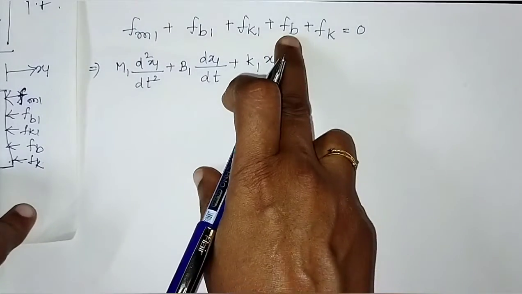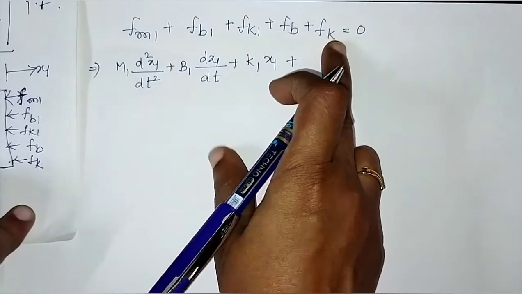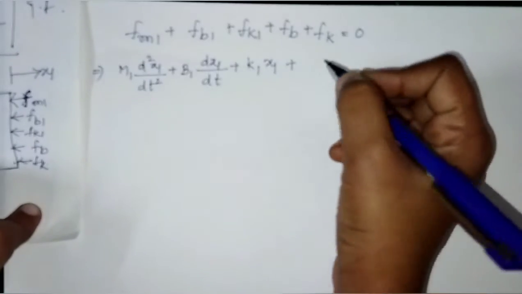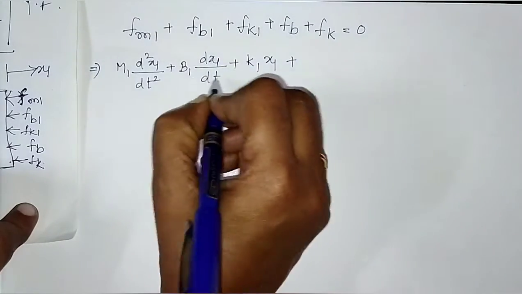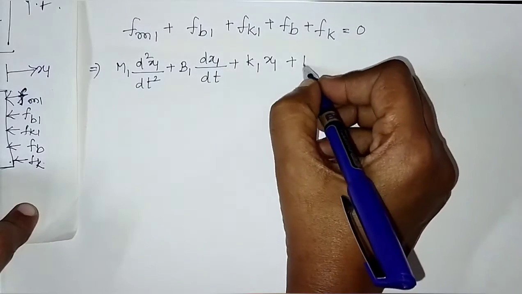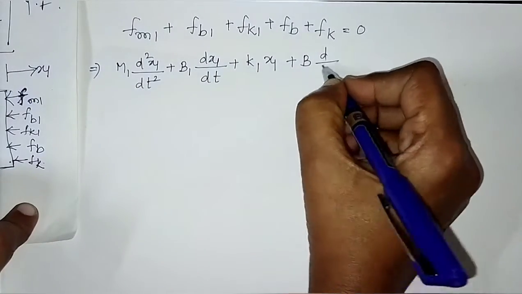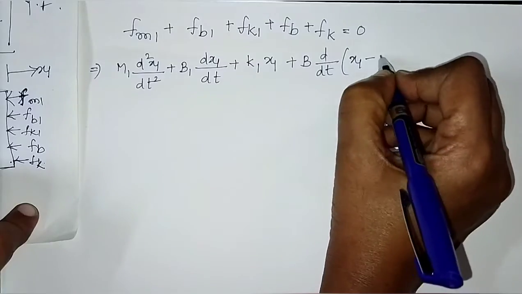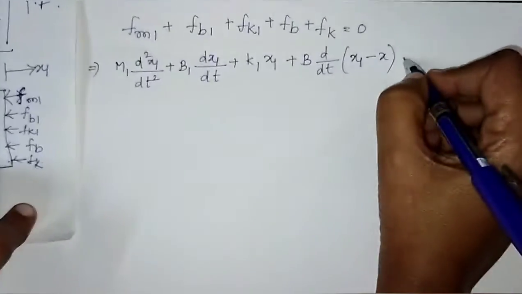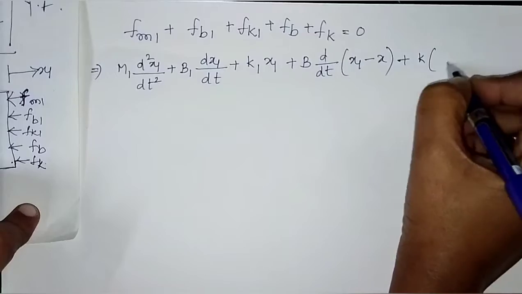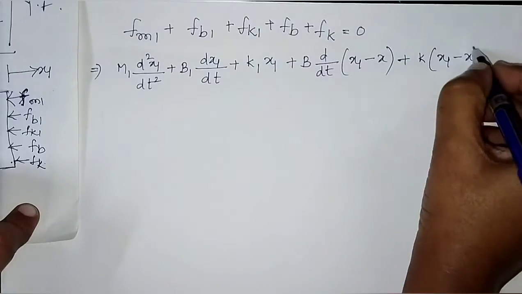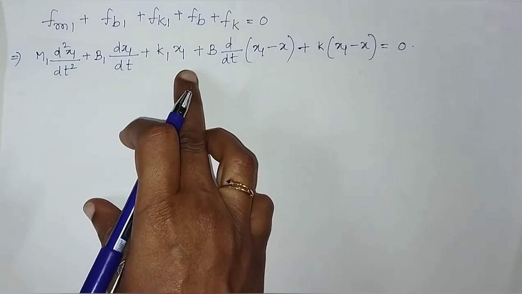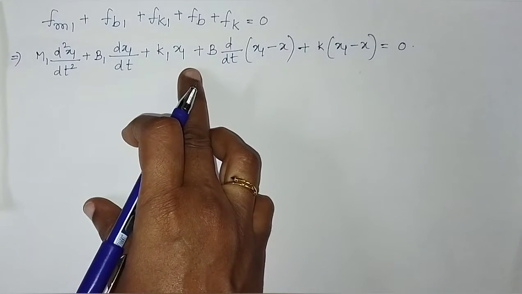Plus these are the common elements, proportional to the difference of the displacements, b into d by dt of (x1 minus x), plus k into (x1 minus x), equal to 0.